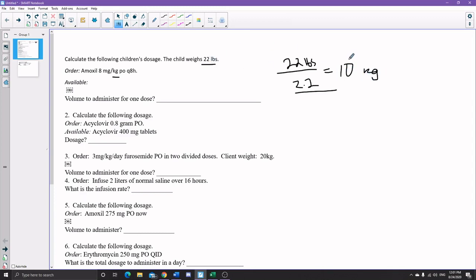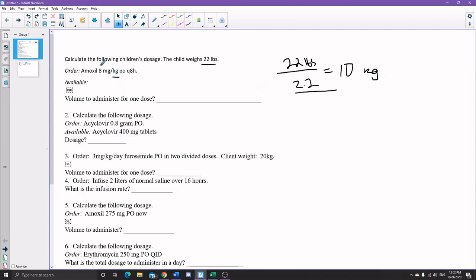So 22 pounds equals 10 kilograms, and that's how I check if I did my math right. Because if I got some number that's higher than 22, that means I did this math wrong. I either multiplied accidentally, or if it's the other way around, if you're trying to convert kilograms to pounds, you should be multiplying. But usually in nursing, you have to do it to kilograms. So that's just a way that I remember.